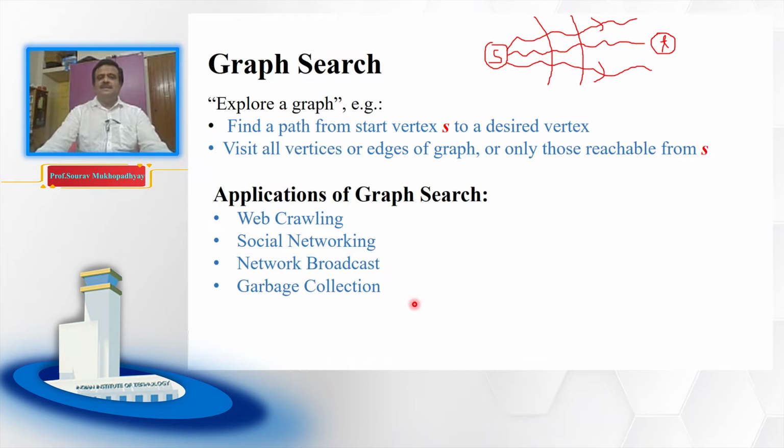And the next application is garbage collection. Most modern languages have this facility. Basically, if we allocate some memory, like in C language we use malloc or calloc, we allocate memory dynamically.